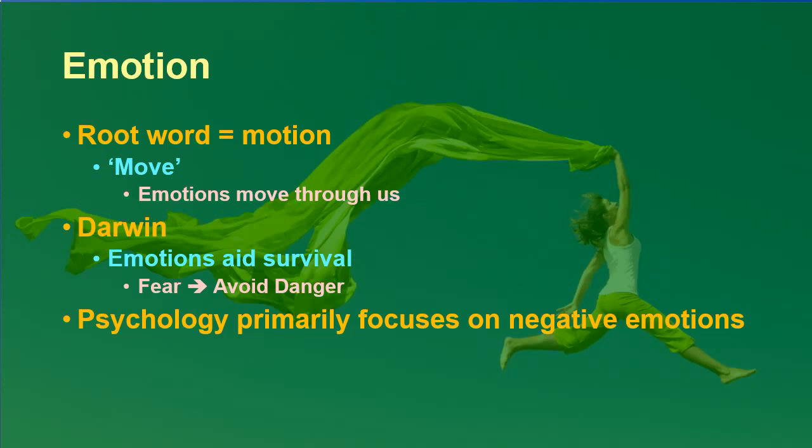So when we look at emotion, you look at the root word, move, and know that emotions are not stagnant. They're not static. They move through us. When we look at Charles Darwin, and you look at evolutionary psychology, they talk in terms of these emotions aided survival.